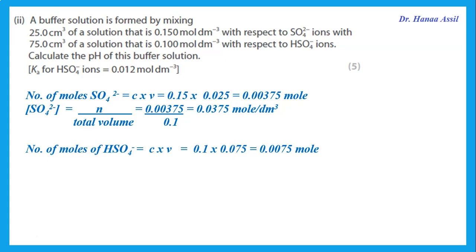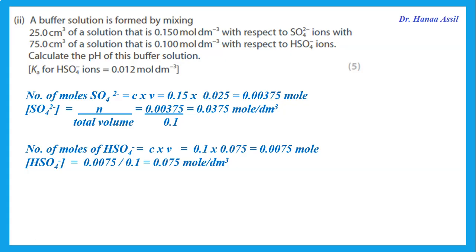We do the same for the HSO4 minus. Now, the number of moles is concentration times volume. The concentration overall of the HSO4 minus is that number of moles over the total volume, which we said is 0.1.